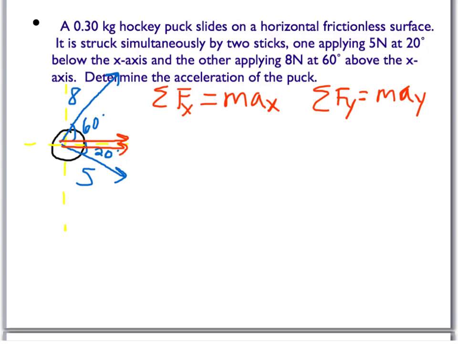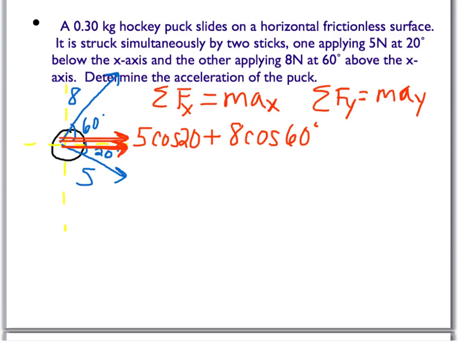Starting with the 5 Newton force, if I multiply that 5 by the cosine of the 20-degree angle, I will find this x direction piece, or how much of that force is in the x direction. The 8 Newton force also has a component in the x direction, which I can find by taking 8 multiplied by the cosine of the 60-degree angle.